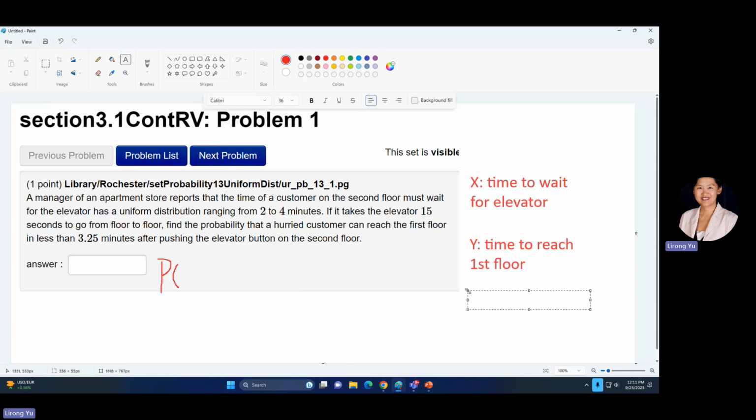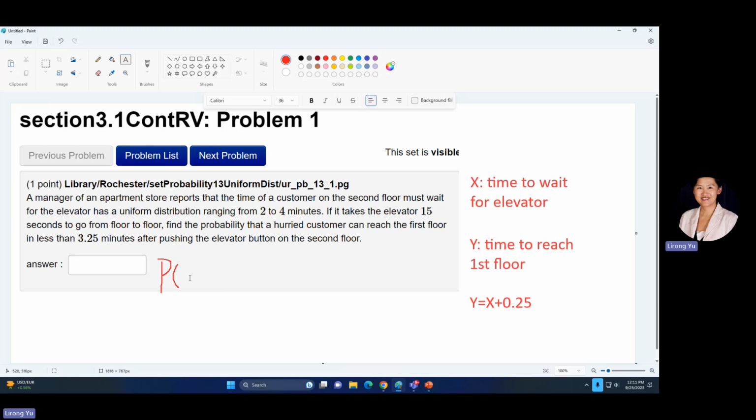So roughly, I can see that Y is equal to X plus 15 seconds, which is how many minutes? 0.25 minutes, 15 seconds, a quarter of a minute, right? So that's the relation between the two times.